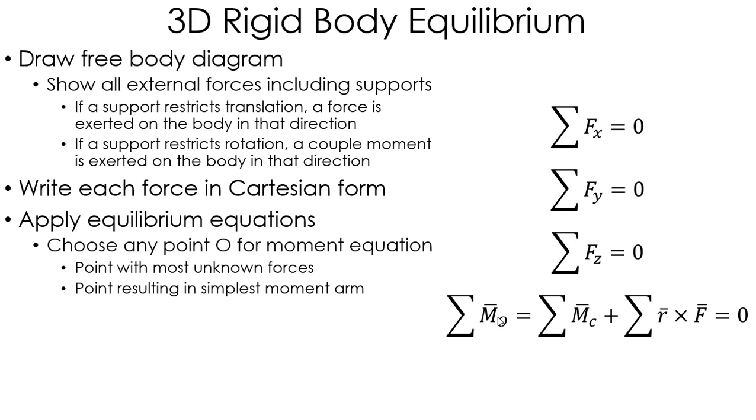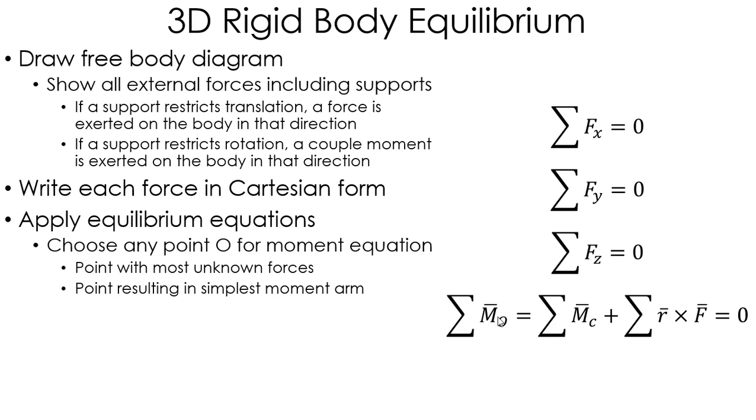But before we do that, make sure you choose point O appropriately. And there's really 2 choices that can help you make what point you choose to take the moment about. The first is, just like in 2 dimensions, choose the point with the most unknown forces. Then a lot of the unknown forces don't show up in your moment equations and make them much easier to algebraically solve.